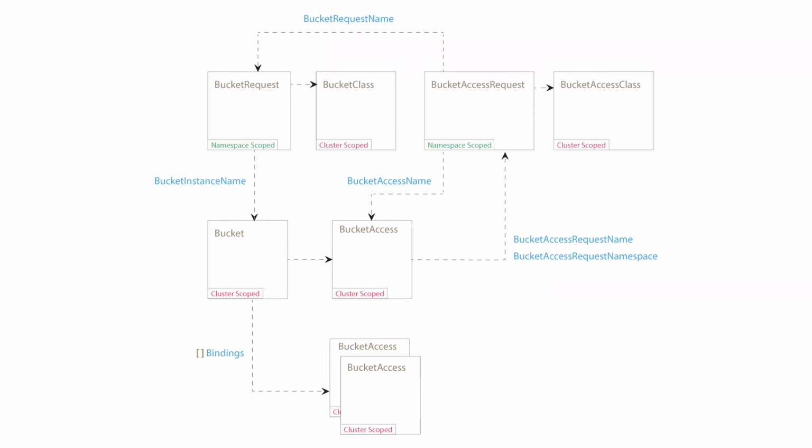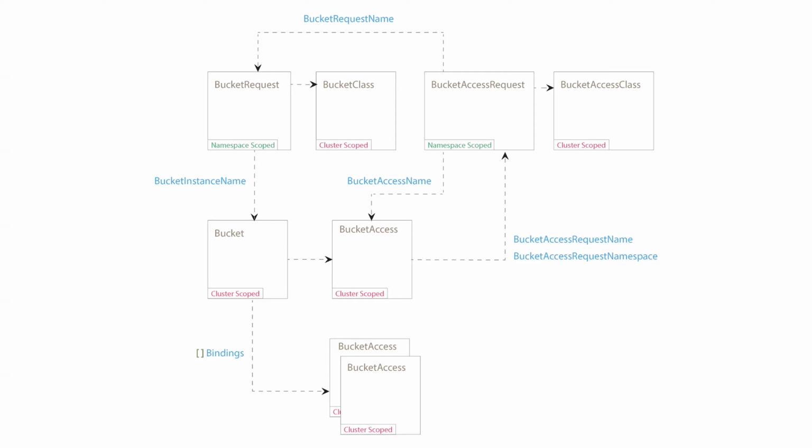And Cozy will be able to use these 2 pieces of information to go ahead and create the bucket. When the user wants to access that bucket, they would create a bucket access request and point it to a corresponding bucket access class. And Cozy would be able to use that to provision access for that bucket and provide it back to the user.